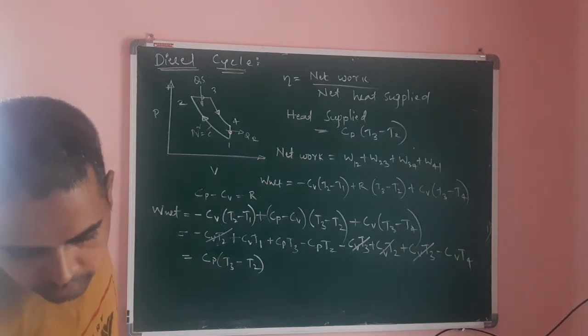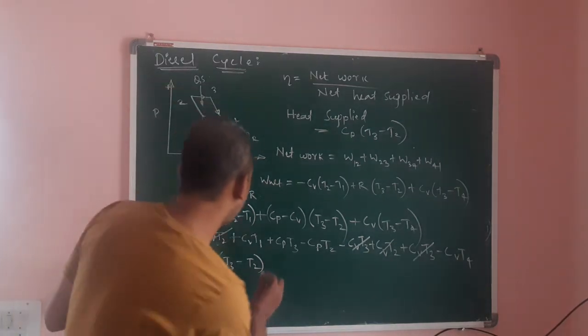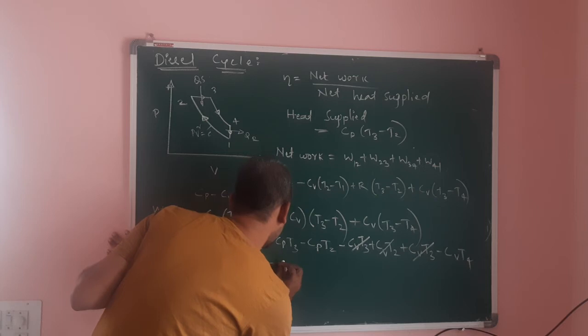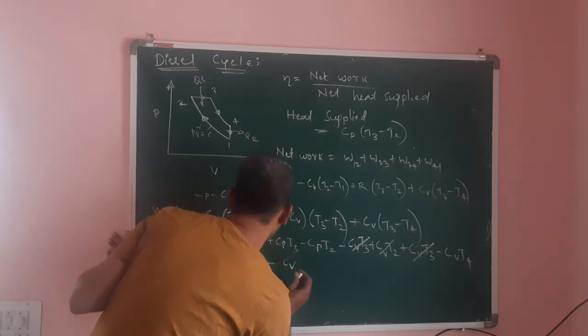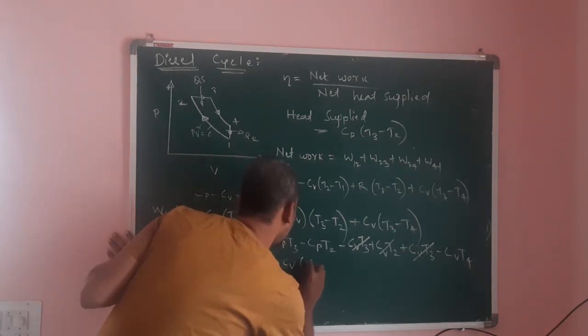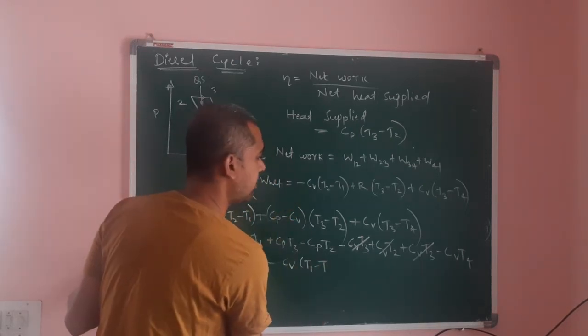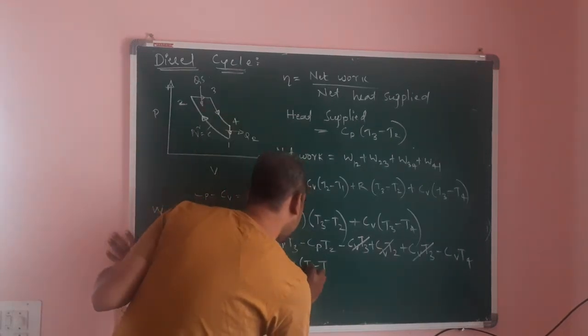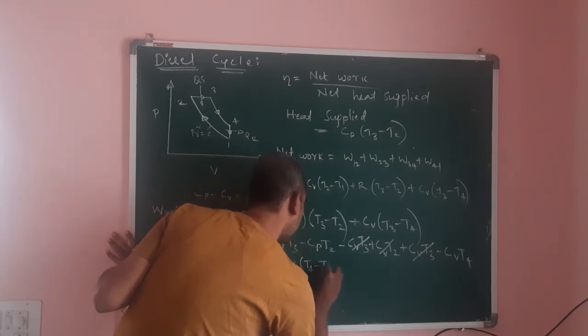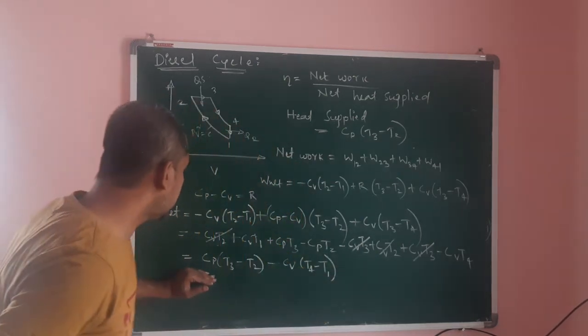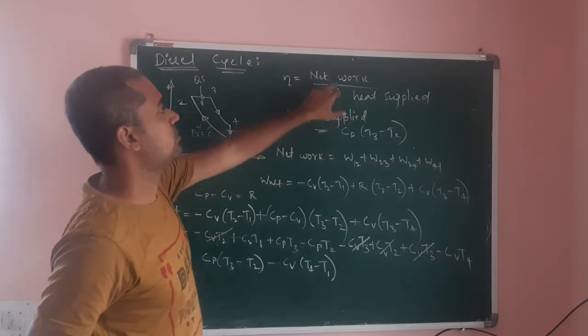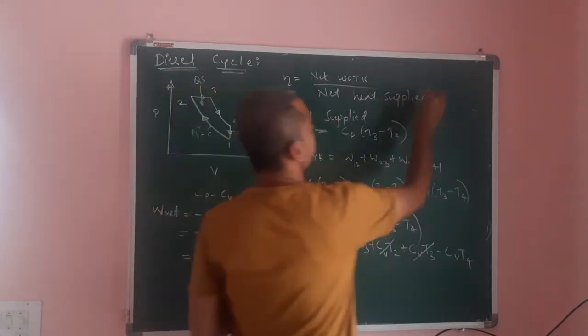Or I will take minus Cv common here: minus Cv into (T4 minus T1). Therefore it will be T4 minus T1. This as well as this I will substitute in this equation. Let this be equation number 1.